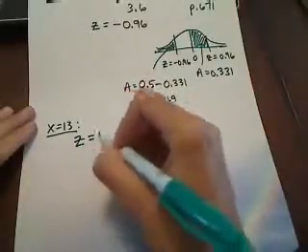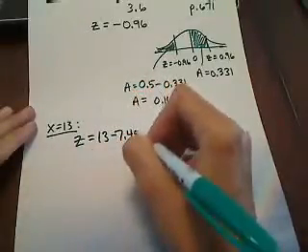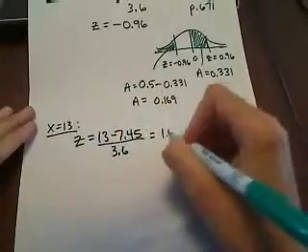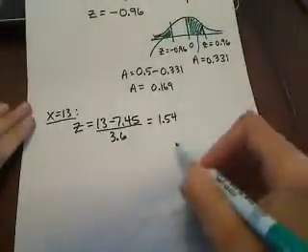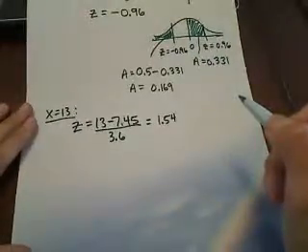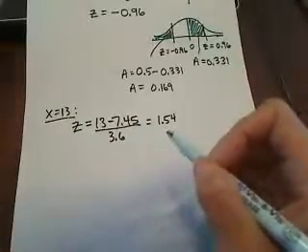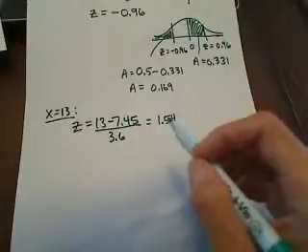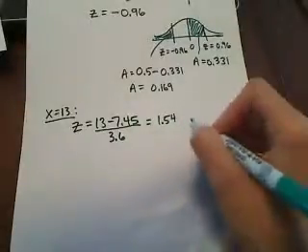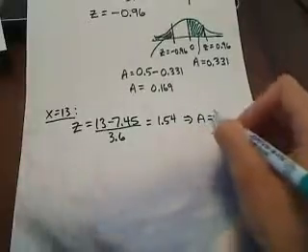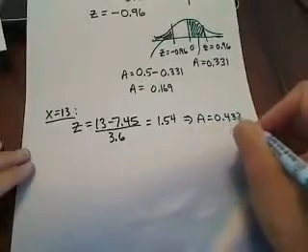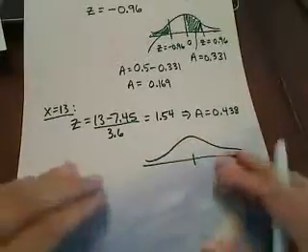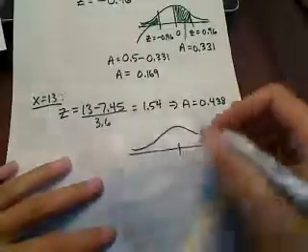So for the z-score for x equals 13, we're going to plug the 13 in for the x. And you're going to get out a z-score here of 1.54. That's positive, so we can just use the z-score that we come up with on the chart. So if I look at 1.54, it's giving me an area of 0.438. Now again, we have to think about what that's giving us because we're not actually just looking for that.